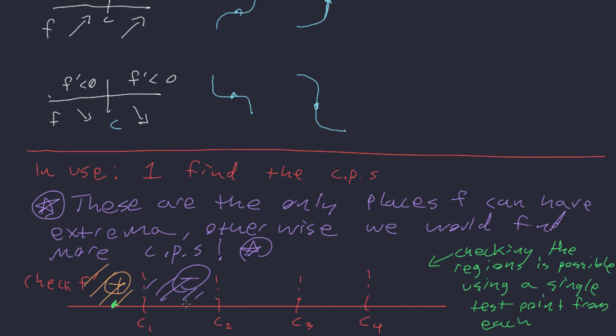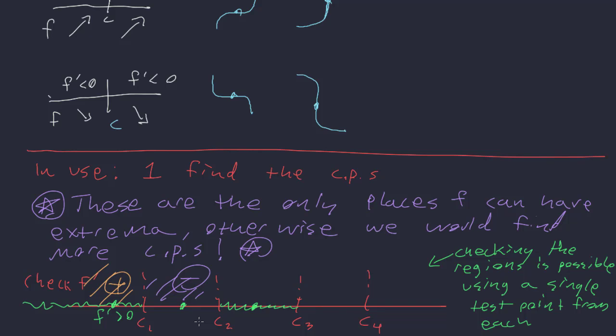So we can take a point from here and from here and from here and check f prime at this point, because if it's positive at this point, it's going to be positive at every point in this region. Because if it's not, well, again, we would have found another critical point here. We can test one point here and it's going to tell us what's happening in the entire region. That is the heart of how the first derivative test works.